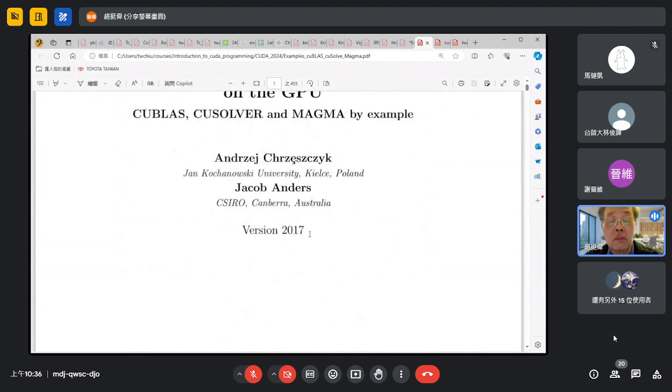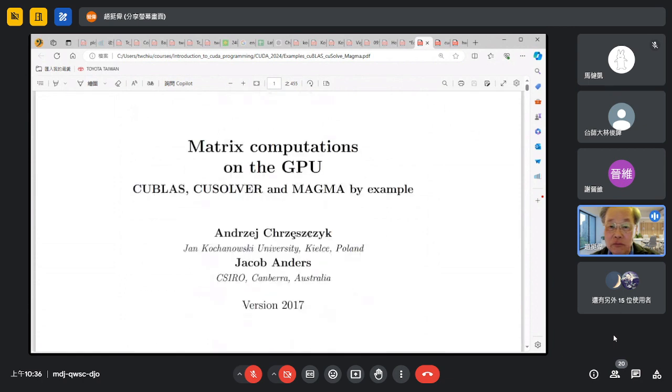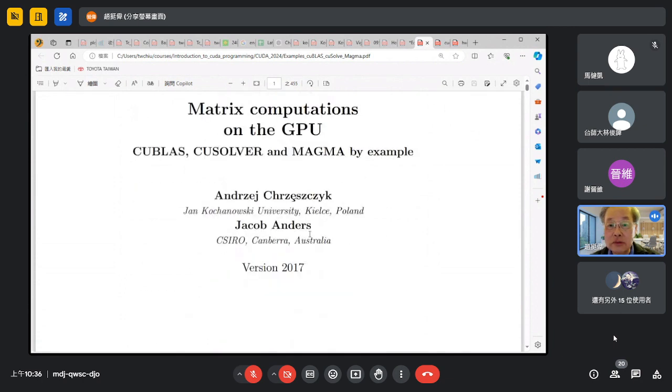So I think there are some new routines which have not been included in this cookbook. Then if you need to use the latest routines, you have to find them somewhere on the web.